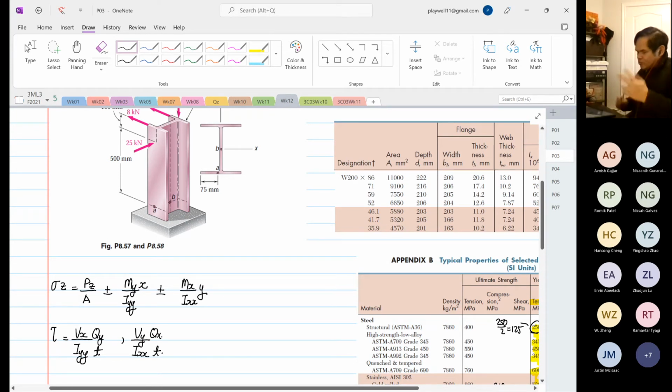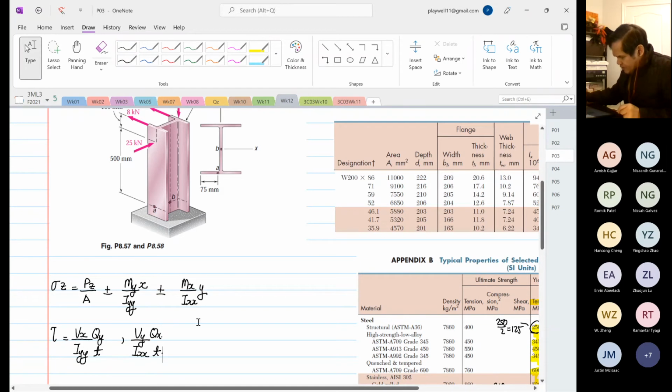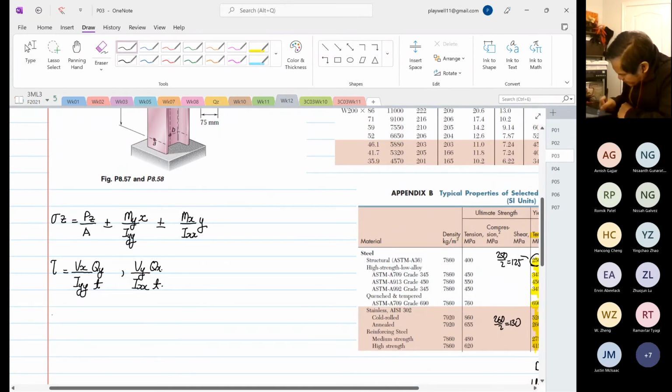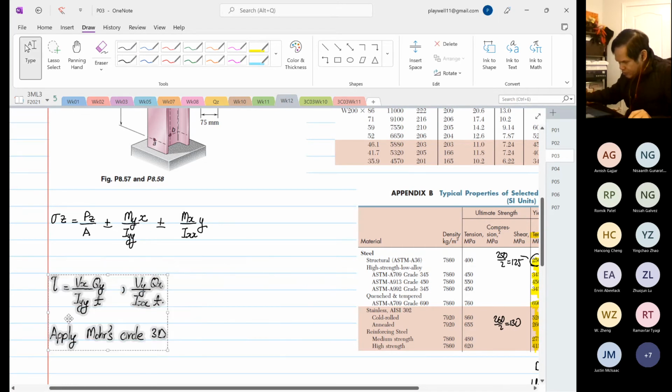Okay. So there are two sets of formulas that we're going to see. Then after we have determined this, okay, we are going to apply Mohr's circle, 3D. Okay, so I'll leave some space, okay, to write stuff.